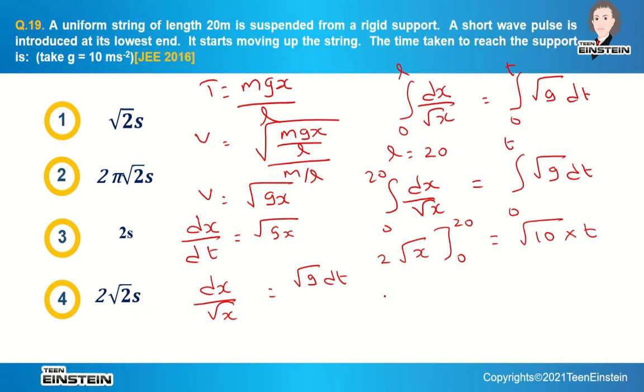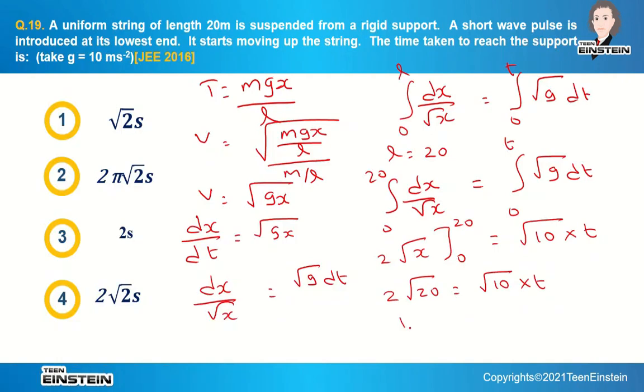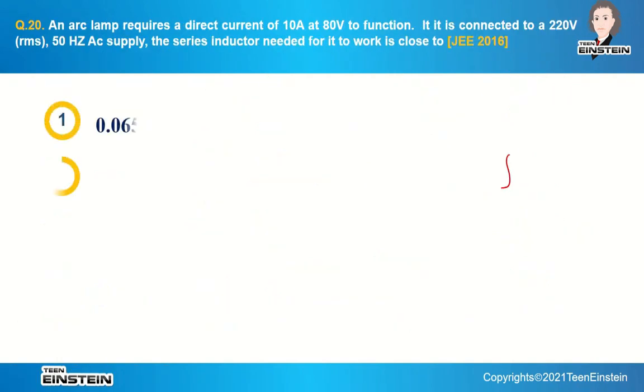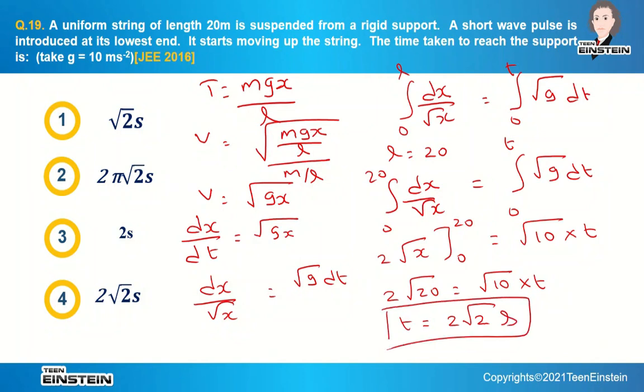If you solve this, you will get 2 root of 20 equal to root of 10 into t. T is equal to 2 root of 2 seconds. So the correct answer is option number 4, 2 root of 2 seconds. So the time taken to reach the support is 2 root of 2 seconds.